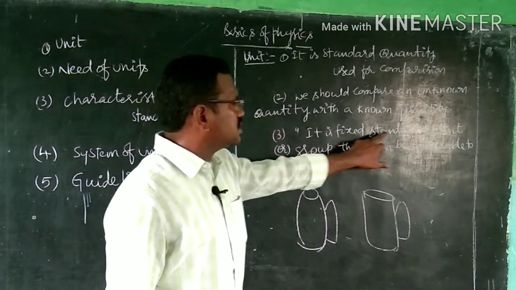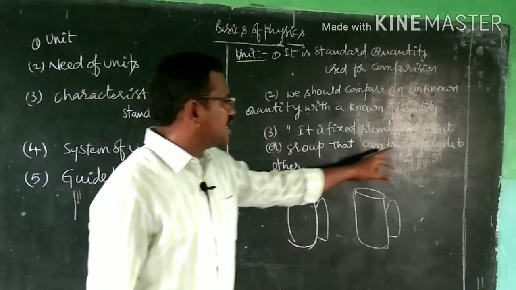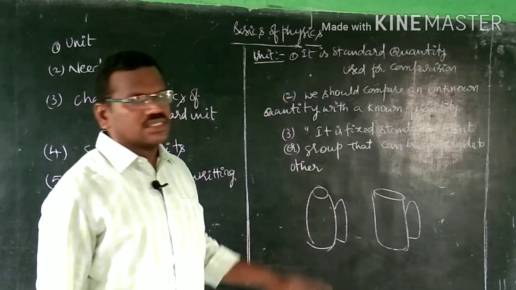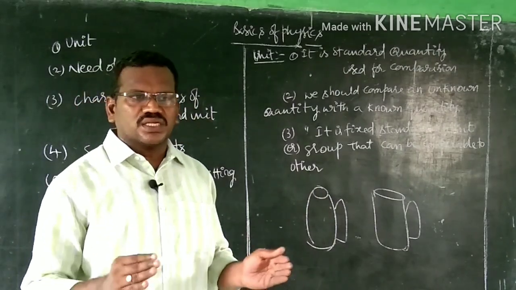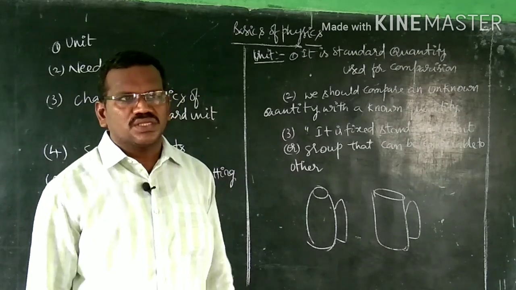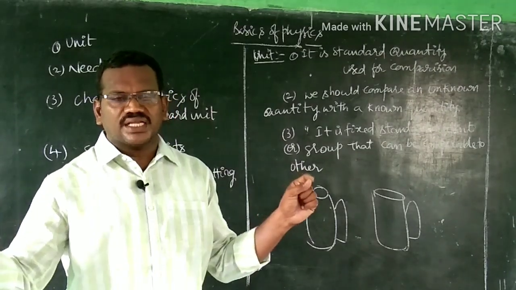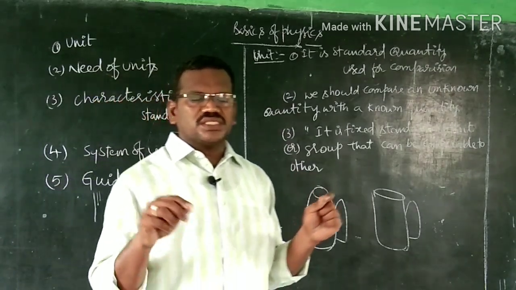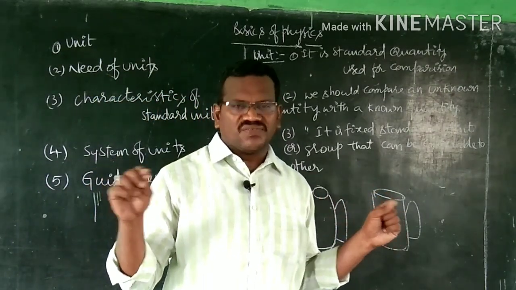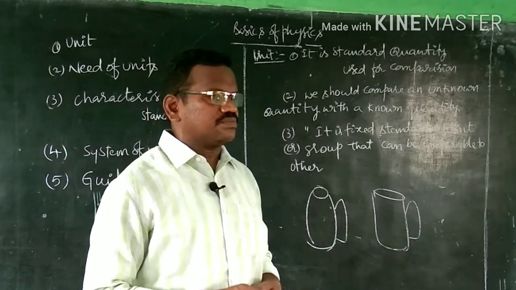It is the fixed standard amount or group that can be comparable to the other. For example, say we require 1 meter of cloth. For that purpose, what is the merchant doing? He is using an iron scale which has a length of half a meter. If you measure 2 times, it becomes 1 meter.